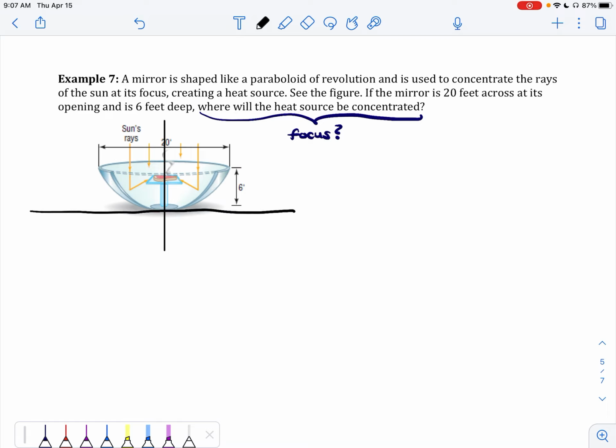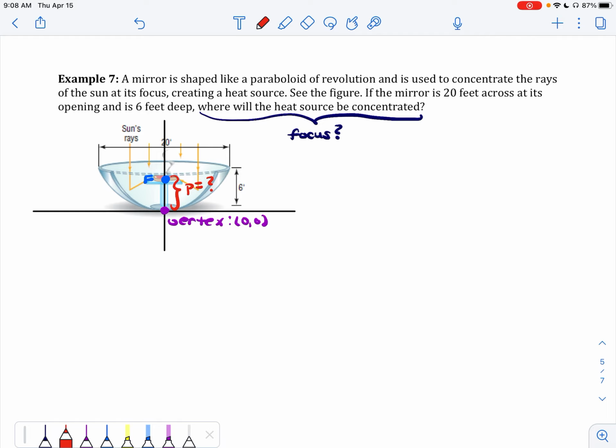We have the freedom to do that, because we're just arbitrarily creating this coordinate system. So I'm going to put the vertex, for simplicity's sake, right at the origin, right at (0, 0). And again, we're trying to figure out where our focus is, which means we need to find p.